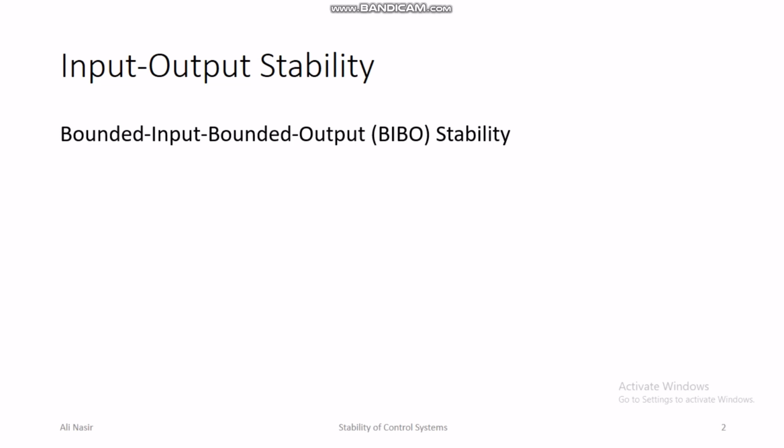As the name suggests, this stability basically requires that if your input of the system is bounded, then this should result in a bounded output. In other words, no output of the system should be unbounded or infinite unless the input itself is infinite.